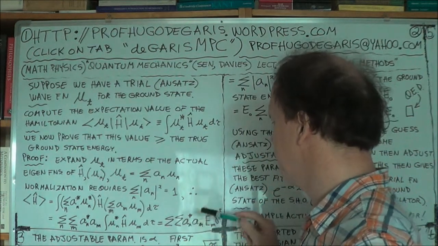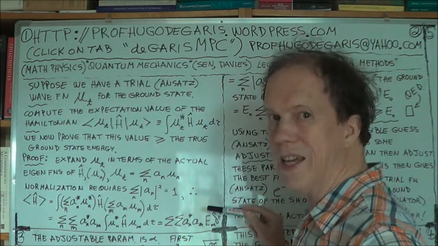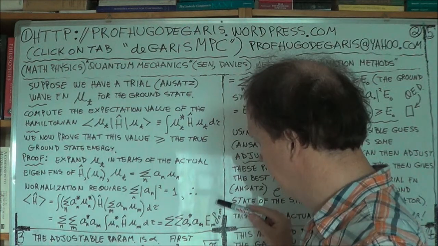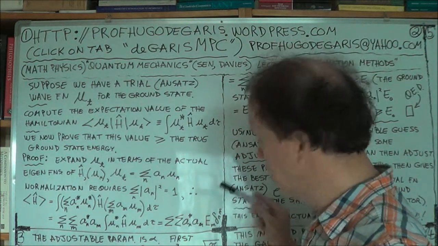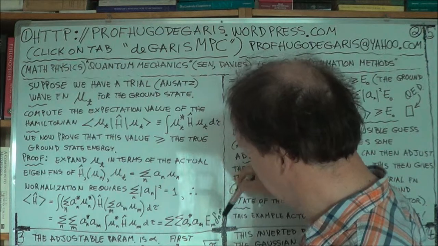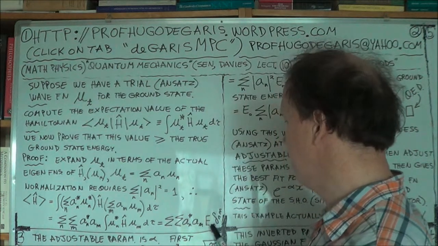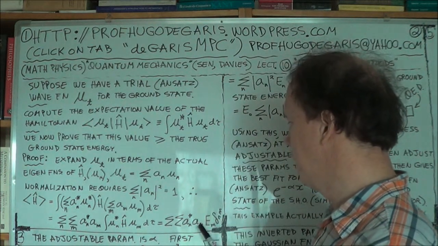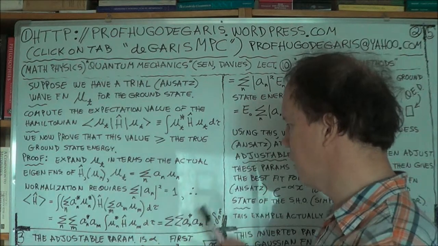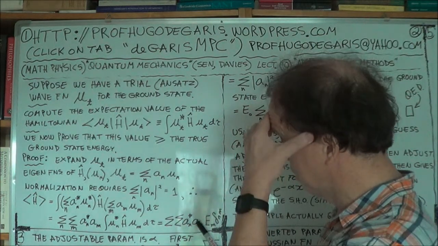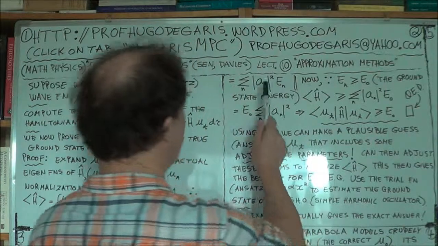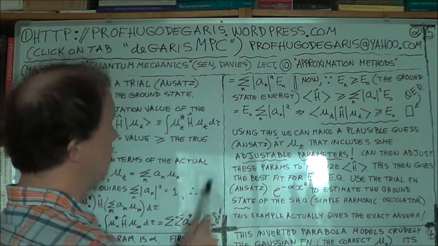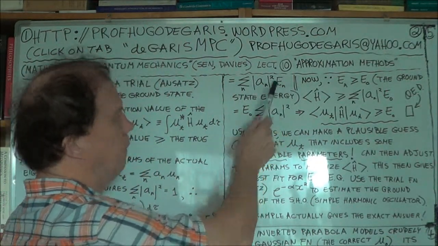This whole thing is 0 if n and m are different, but if n and m are equal, the delta becomes 1. The m becomes n, one of the sigmas drops away, and you're just left with the modulus of an squared times En.